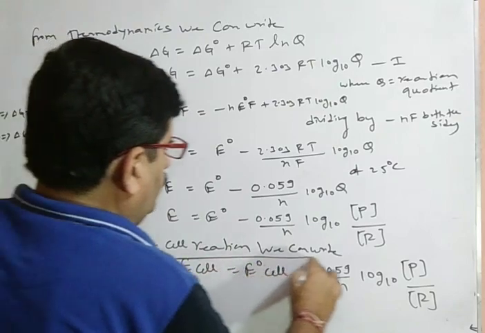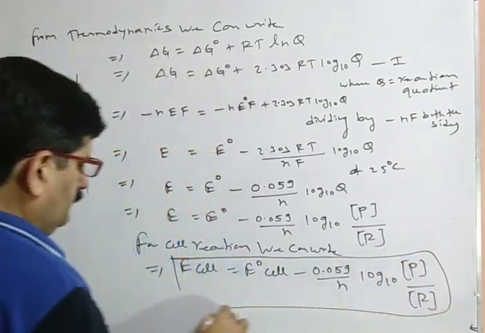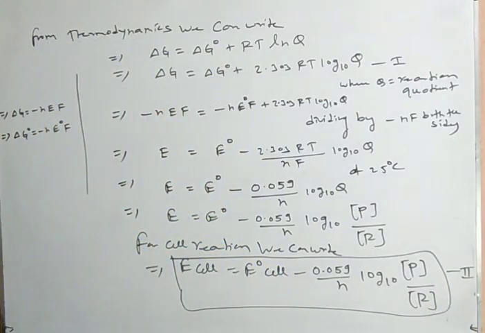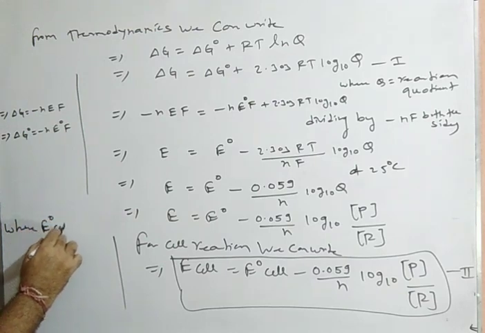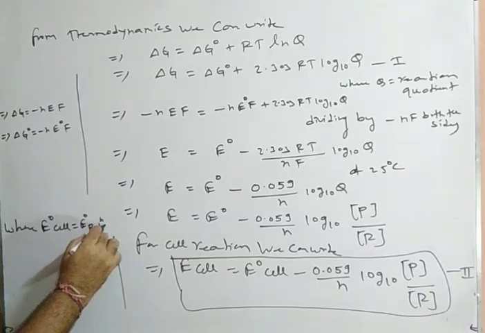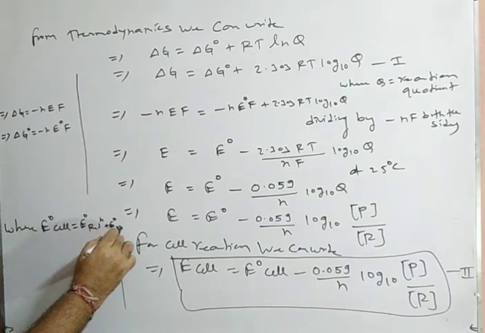This equation is known as the Nernst equation, where E naught cell is equal to E naught reduction plus E naught oxidation.